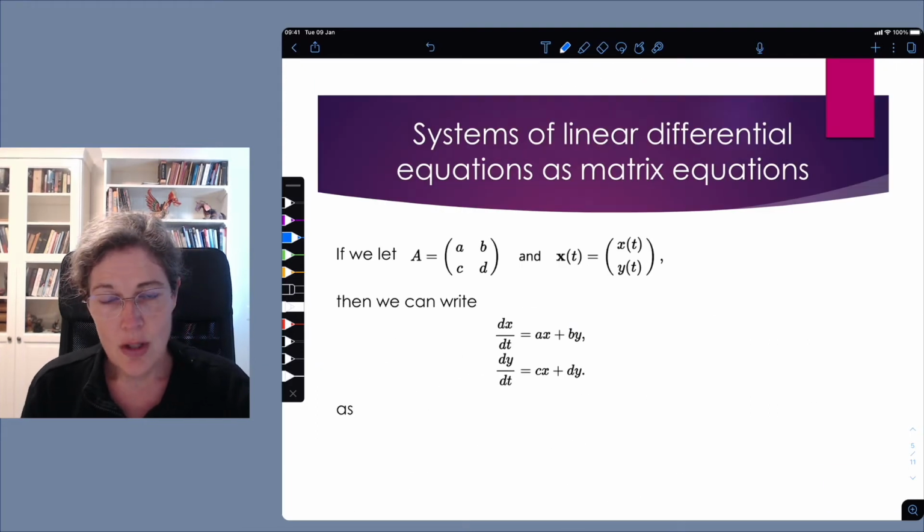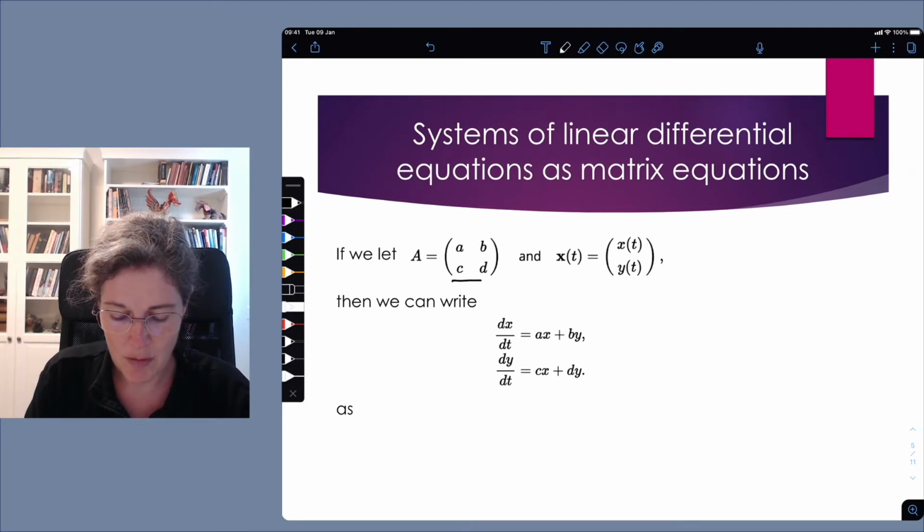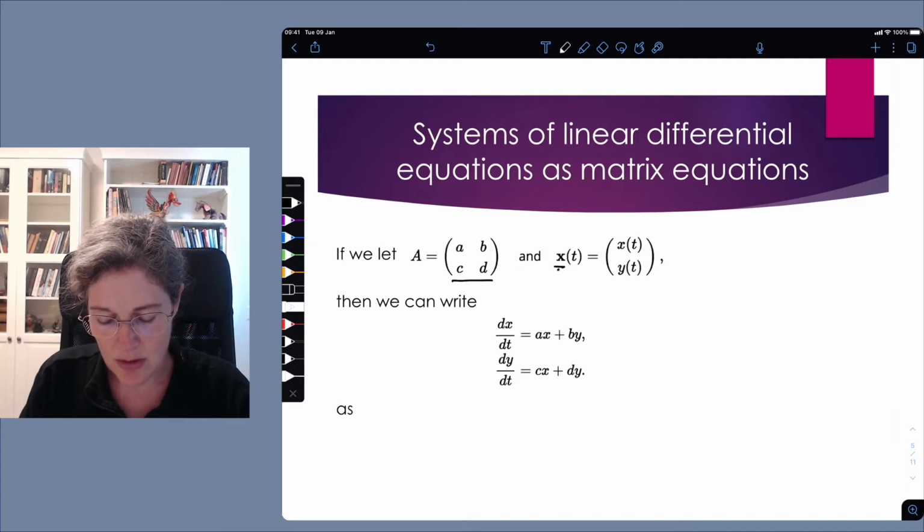Okay, so now we bring in matrices. We're going to let our matrix A be this one over here, a, b, c, d, and we're going to write bold X as the vector that consists of our x of t and y of t as two components.